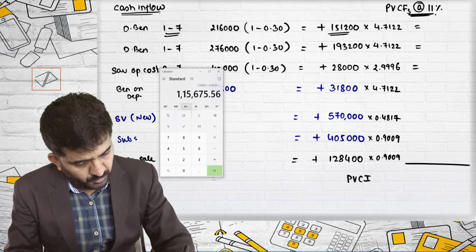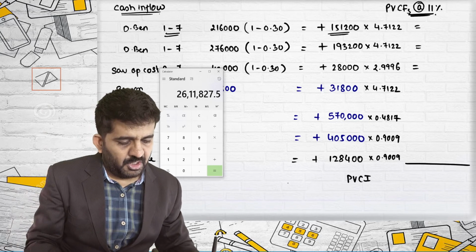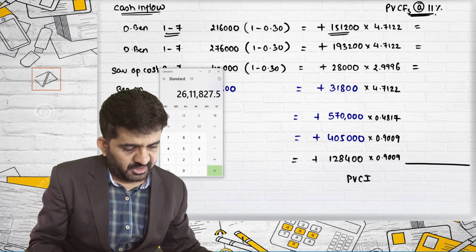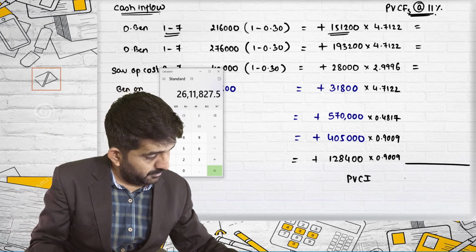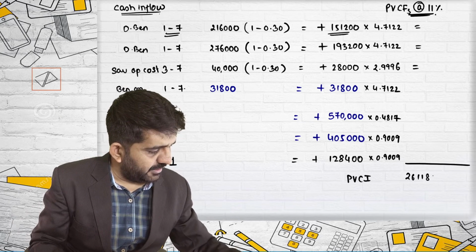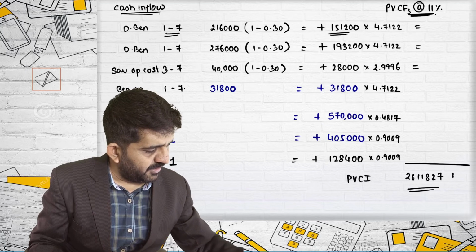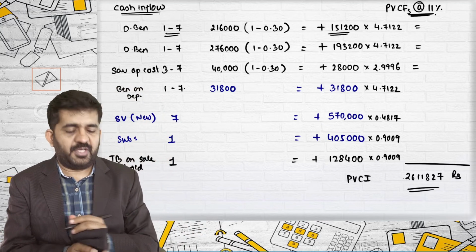The total is 26,11,827. 26,11,827 rupees is the present value of cash inflow.